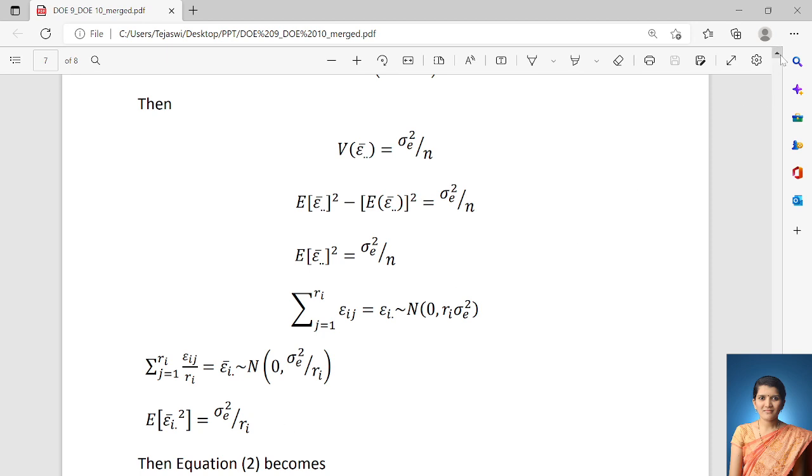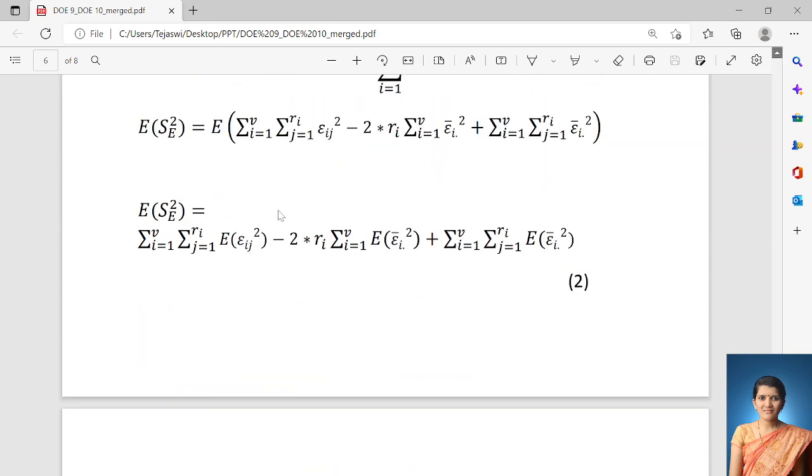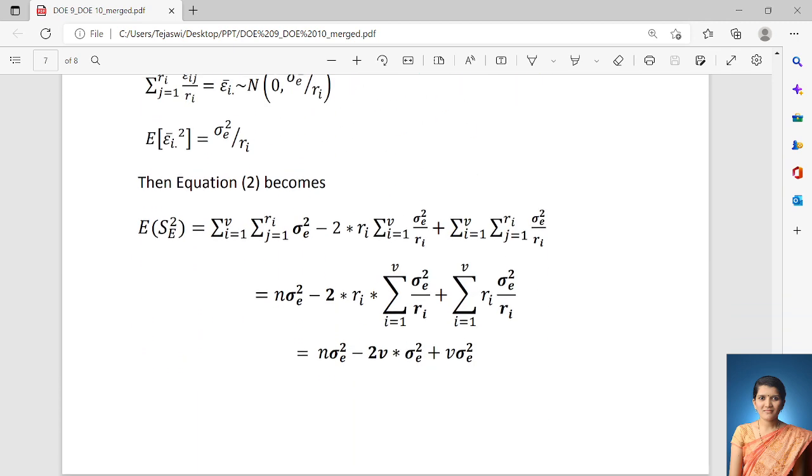Now, putting the values of all these expectations in equation 2, we get the expectation of the sum of square due to the error as the double summation of sigma square, because here it is epsilon ij square, minus 2 times ri summation over i of sigma square divided by ri, plus the double summation over i, j of sigma square divided by ri.